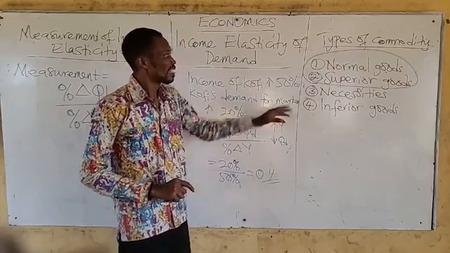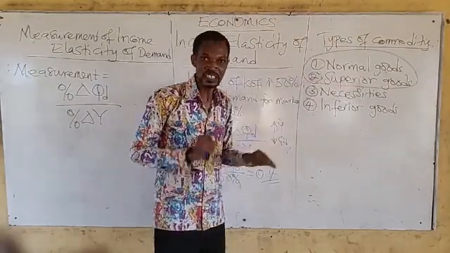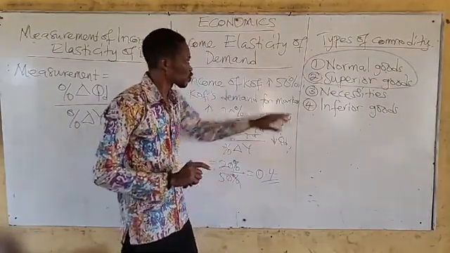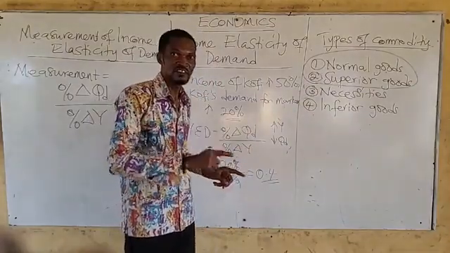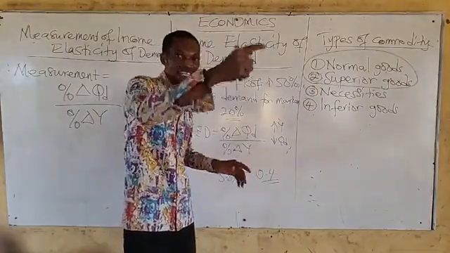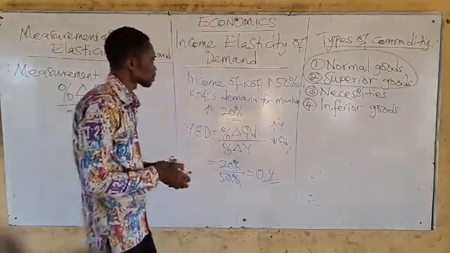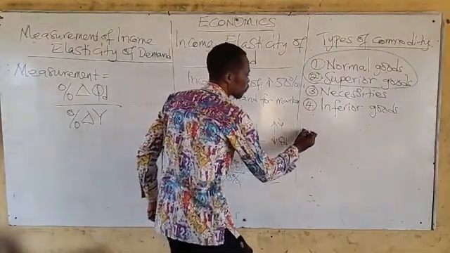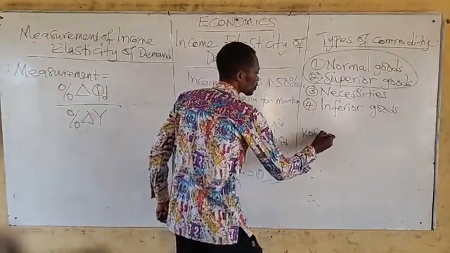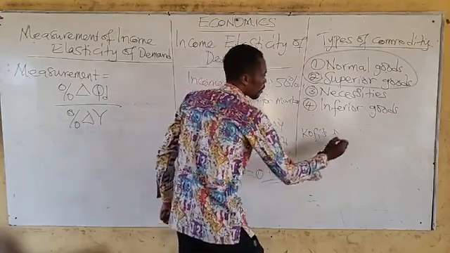Good. Now, the difference between normal goods and superior goods is that with the superior goods, the percentage change in demand, if it's an increase, will be greater than the percentage change in the income. How? For instance, if I say Kofi's income goes up, increases, by 50%.